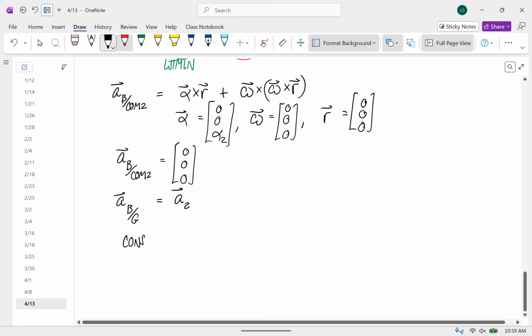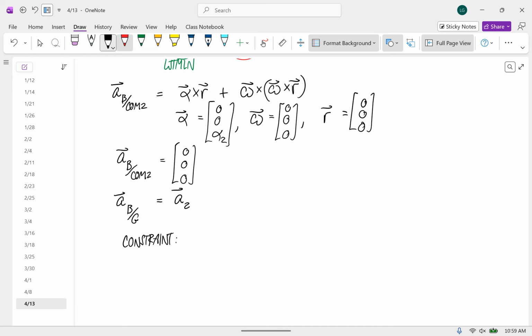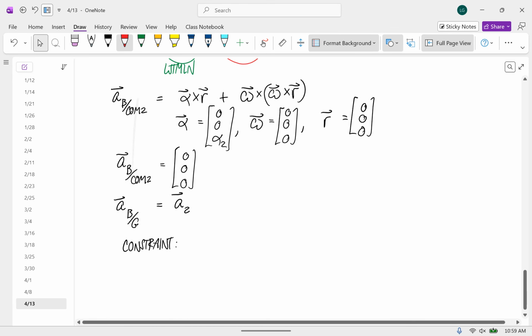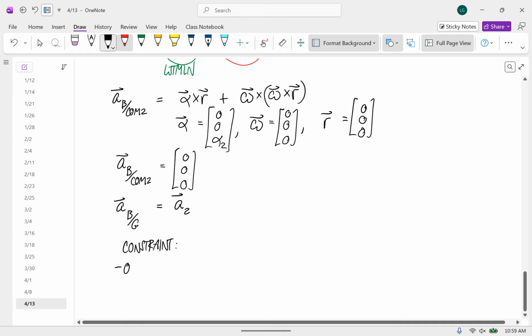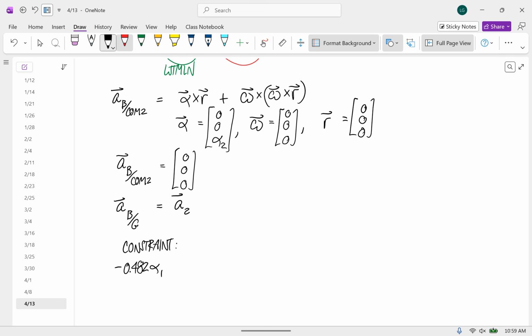Finally, the constraint equation says negative 0.482 alpha 1, 0.575 alpha 1, and I guess since I've been carrying it through until now, I'll keep the 0 at the bottom, but you can drop that whenever you want.